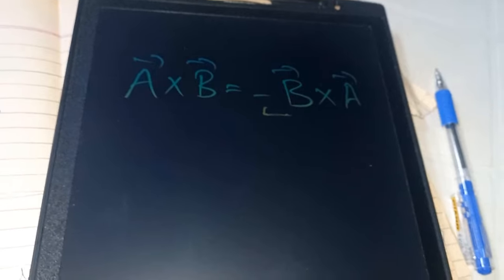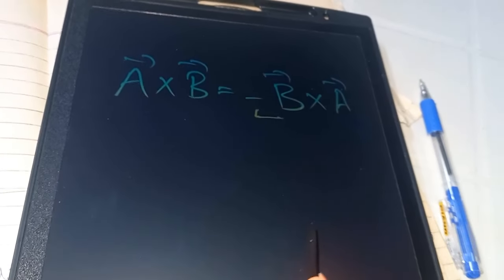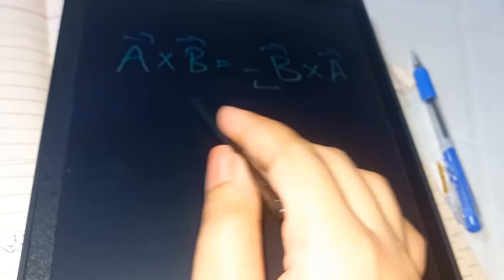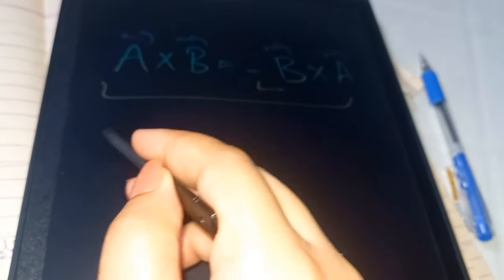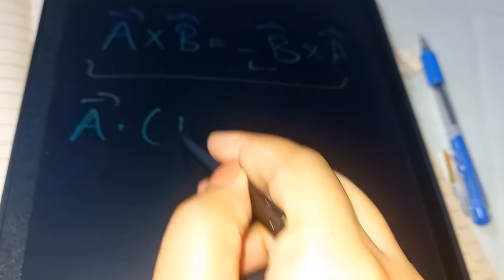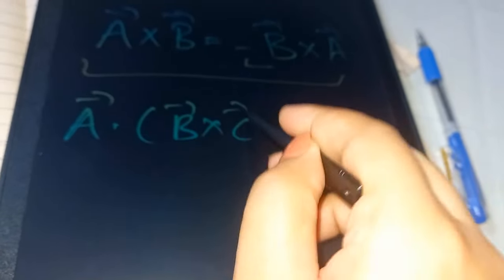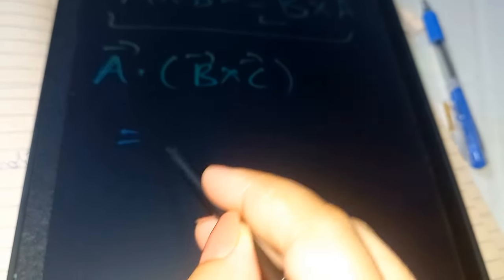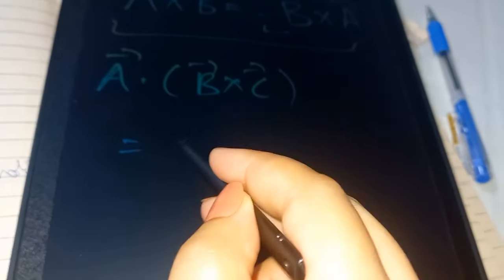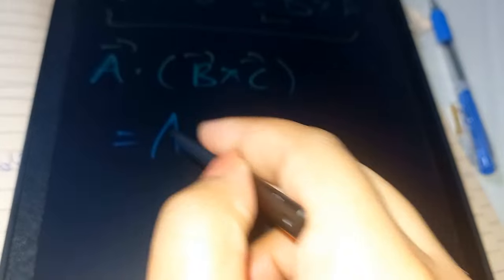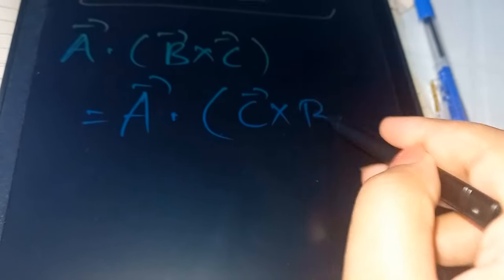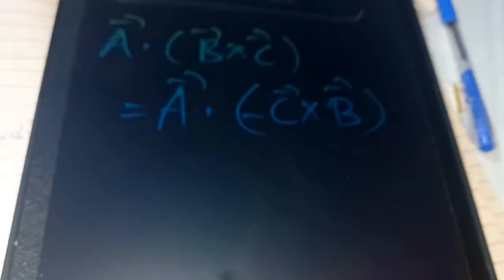Okay, there is an appearance of a negative sign. If I had A dot B cross C, and if I shift the position of C, then A remains the same. If I write C first, then B, then we have to have a negative sign here.